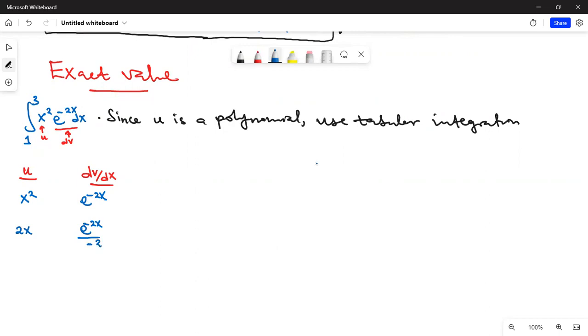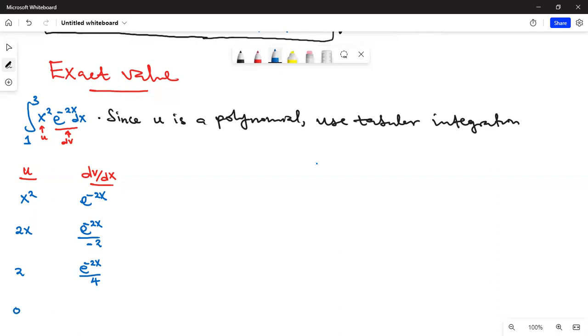Continue differentiating 2x, that will give us 2. Continue integrating this other side, that is exponential negative 2x divided by 4. Proceed until the derivative in the first column gives you 0, and that's where you need to stop. When you differentiate 2, remember 2 is a constant, so you get 0.